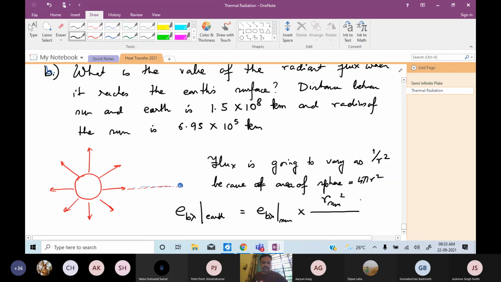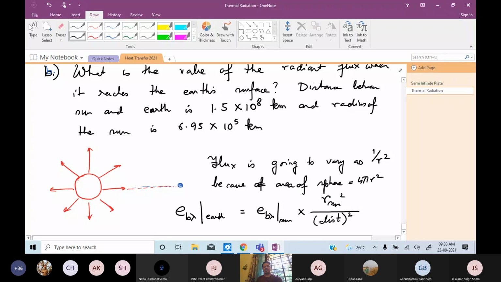That's a good point you have raised. The problem states the distance between sun and earth. Now, is it center to center distance or is it surface to surface distance? We don't know. But since one is 3 orders of magnitude higher than the other, it doesn't matter much. So I would put it as distance squared. You can put R sun plus distance squared also.